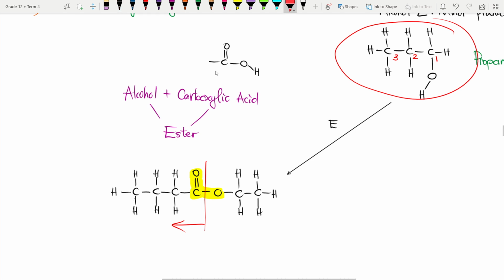So every time I see a double bond O, I know that that part is the carboxylic acid part, and that the other side is the alcohol part. Now, when I look at my alcohol, it has 3 carbons, but what happens here on the alcohol side? I see only 2 carbons. Can you see that there's a mistake there?